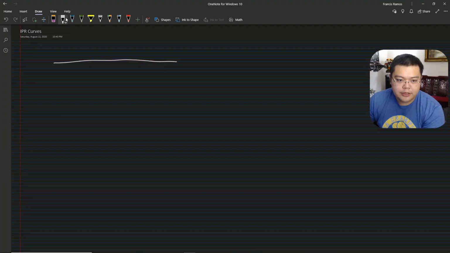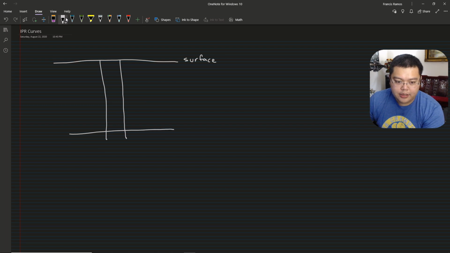Let's start with this line here, this obviously straight line, going to be our surface. This is our wellbore, and this over here is our reservoir, and this is going to be a vertical well.